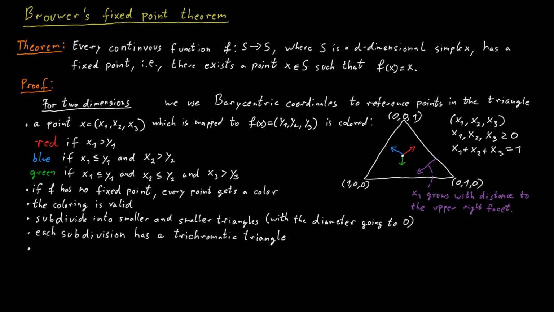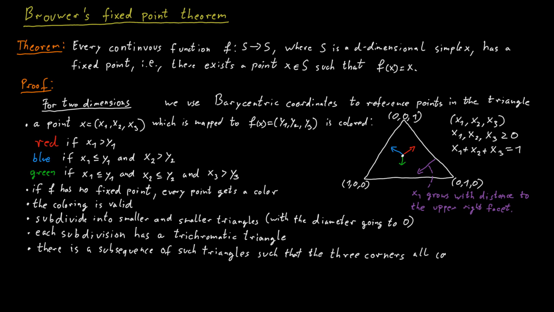And then again, there must be a subsequence of such trichromatic triangles that converges. And specifically the three corners will all converge to the same point z, because the diameter of the triangle gets to 0, so all the three corners must converge to the same point.